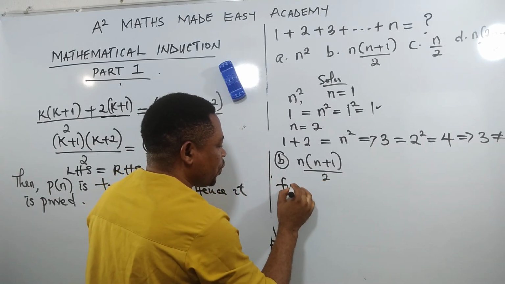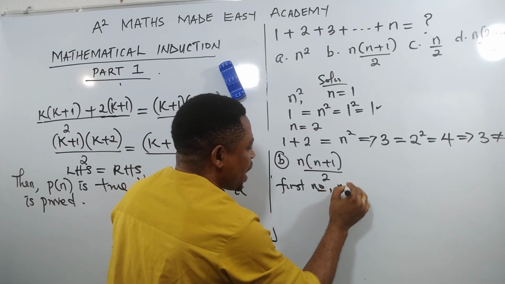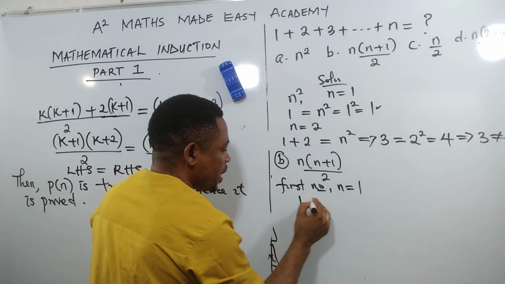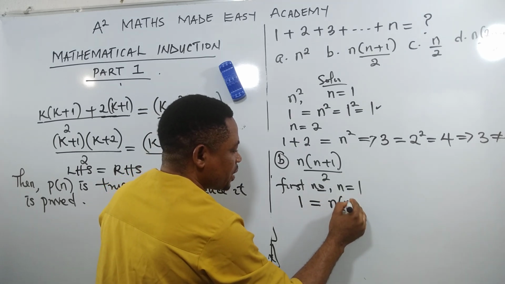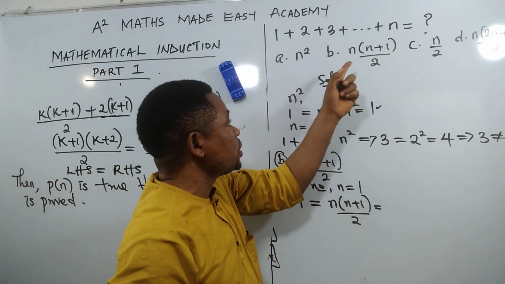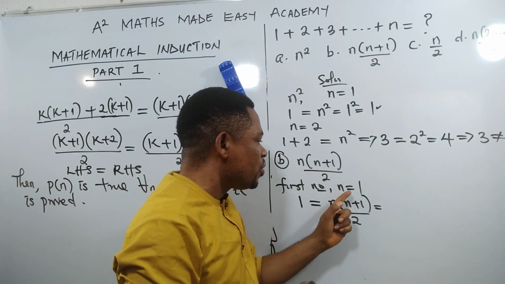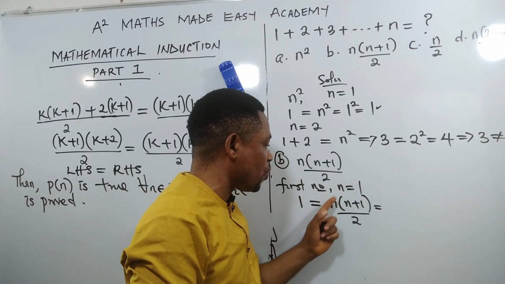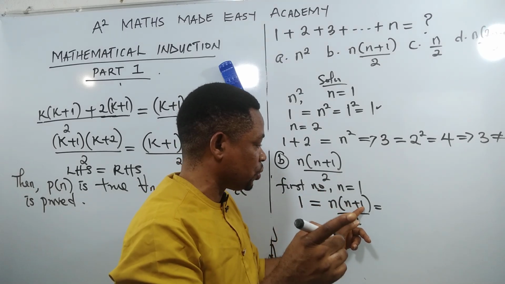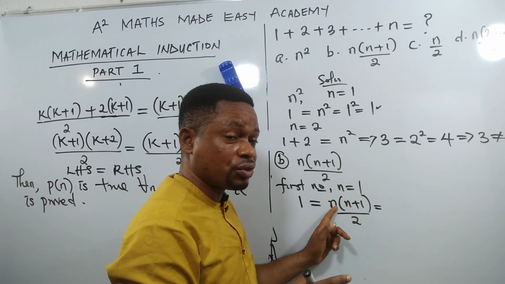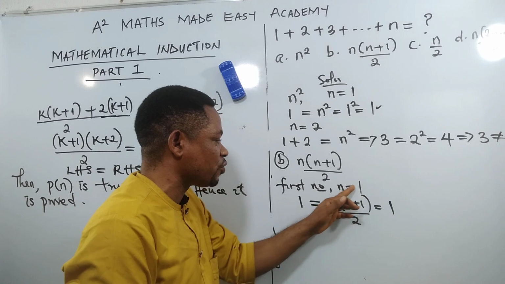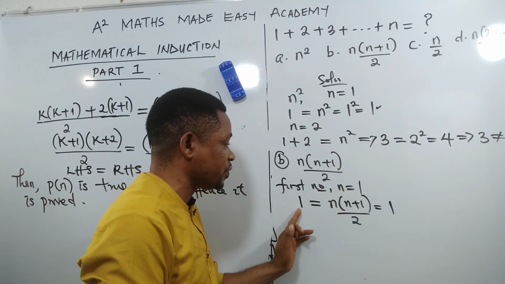I will start with the first term, so n is 1. On the left, the first term is 1. On the right, n bracket n plus 1 all over 2. Using trial and error, anywhere we see n, put 1. So 1 plus 1 gives 2, and 2 times 1 is 2, and 2 over 2 gives 1. So the base case, when n is 1, holds, because what is on the left is what is on the right.